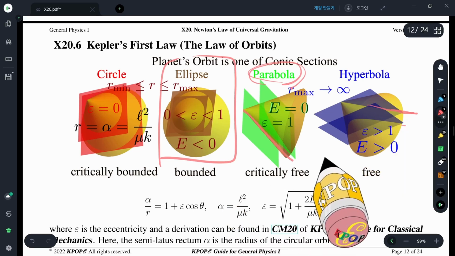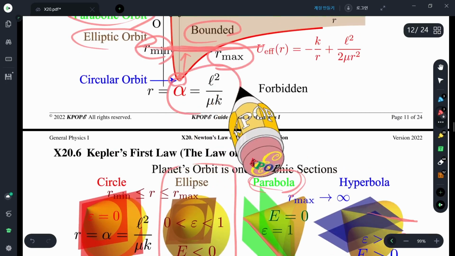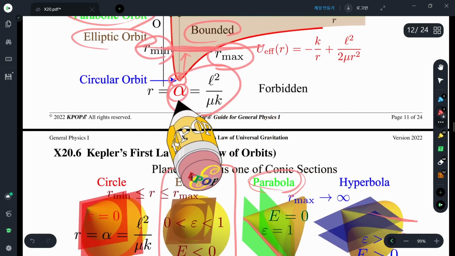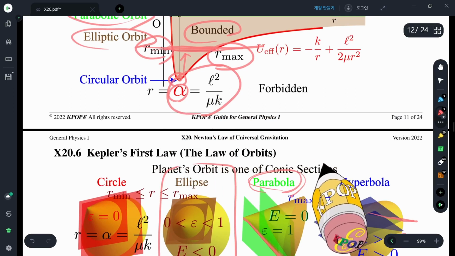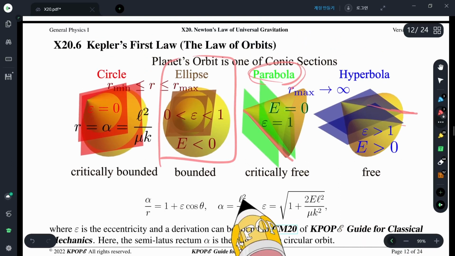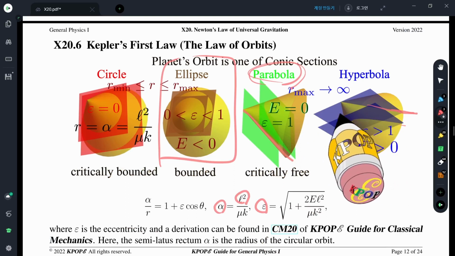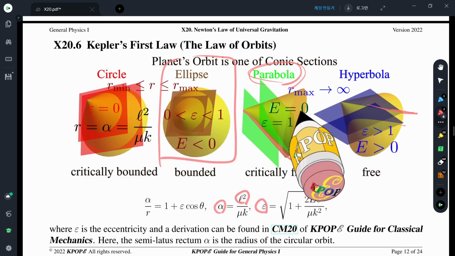And if we make use of energy and angular momentum, here this alpha is called the semi-latus rectum, and it is determined by the angular momentum. This is the eccentricity that discriminates the four classes of curves.